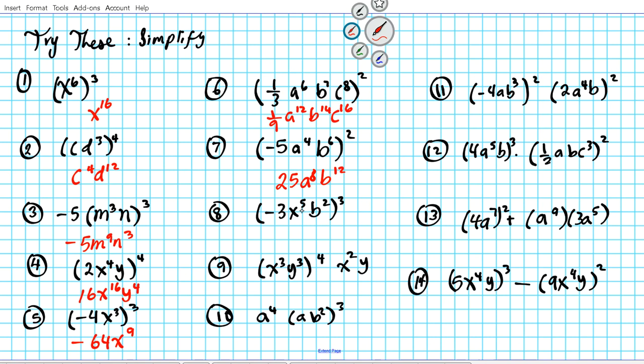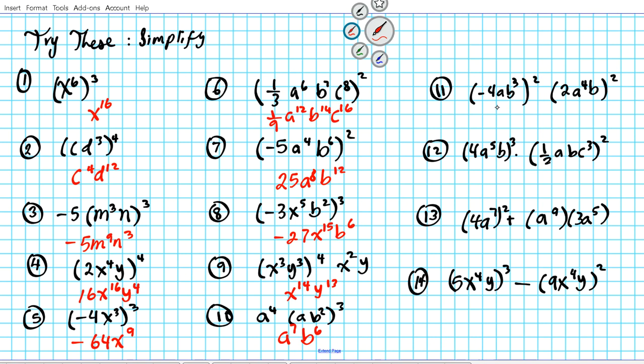Number 8 is negative 27, x to the 15, b to the 6th. Number 9 is x to the 14th power, y to the 13th power. Number 10 is a to the 7th power, b to the 6th.